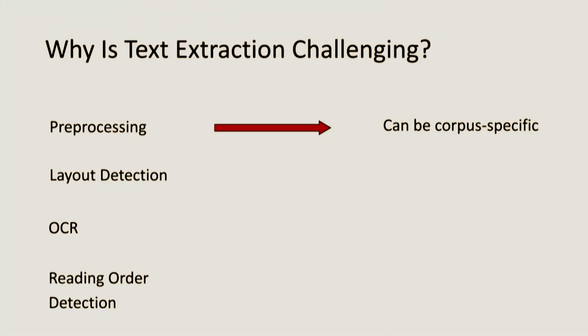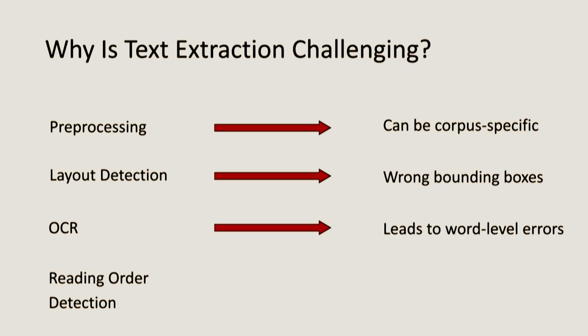So the challenges and the limitations usually are that the pre-processing step can be corpus specific. Different qualities of images, different conditions can require a little bit of manually verifying the pre-processing step. The layout detection, especially when you go from the modern PDFs that are easier to understand to historical corpora, becomes much more challenging for models, and their error rate goes up.